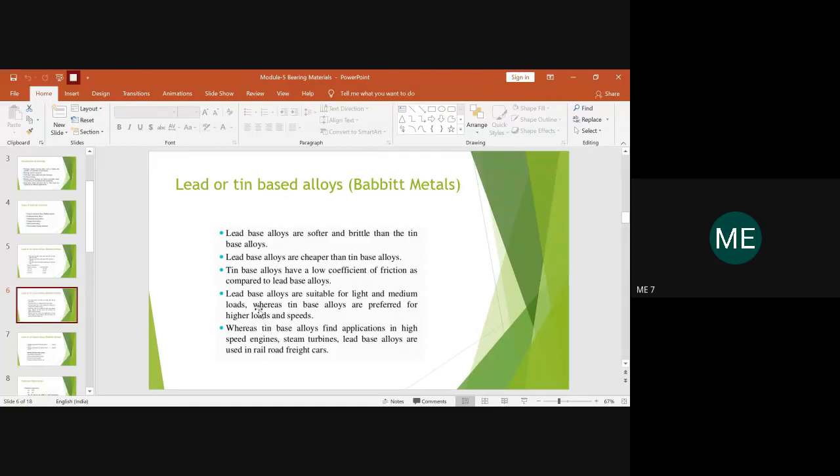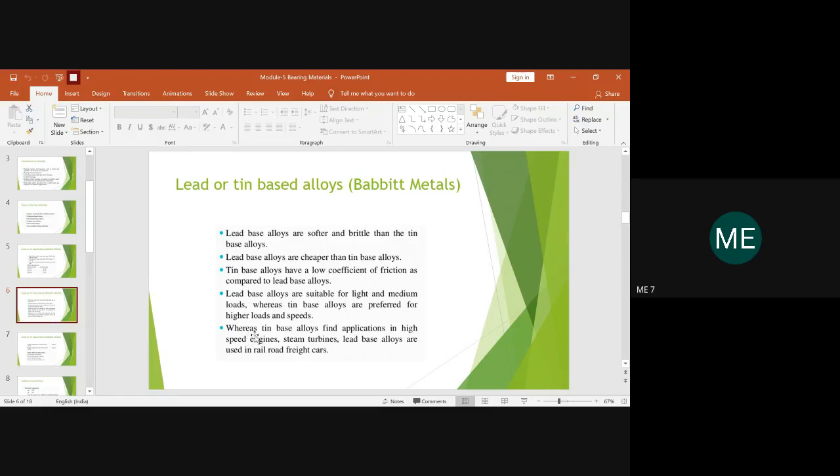And the next feature is lead based alloys are suitable for light and medium loads. Okay, so it will be suitable where you need a light weight and a medium load bearing type of bearings, whereas tin based alloys are preferred for higher loads and higher speed, right? In this way also the tin based alloys will be better.